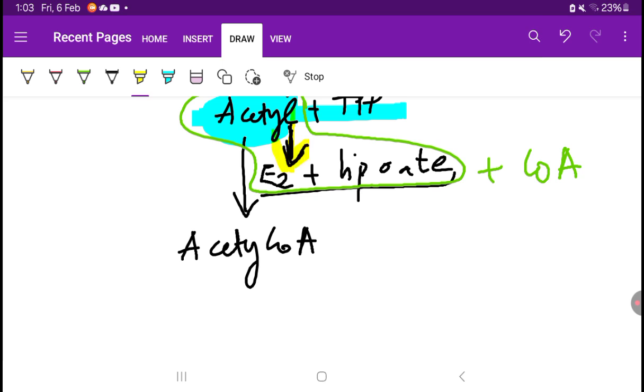Acetyl coenzyme A is formed. This is the product which we want to add in the TCA cycle.